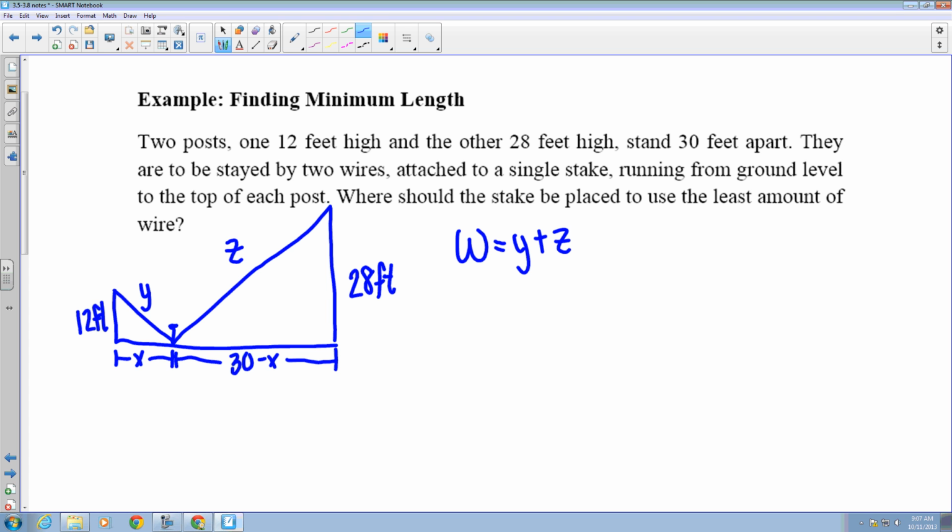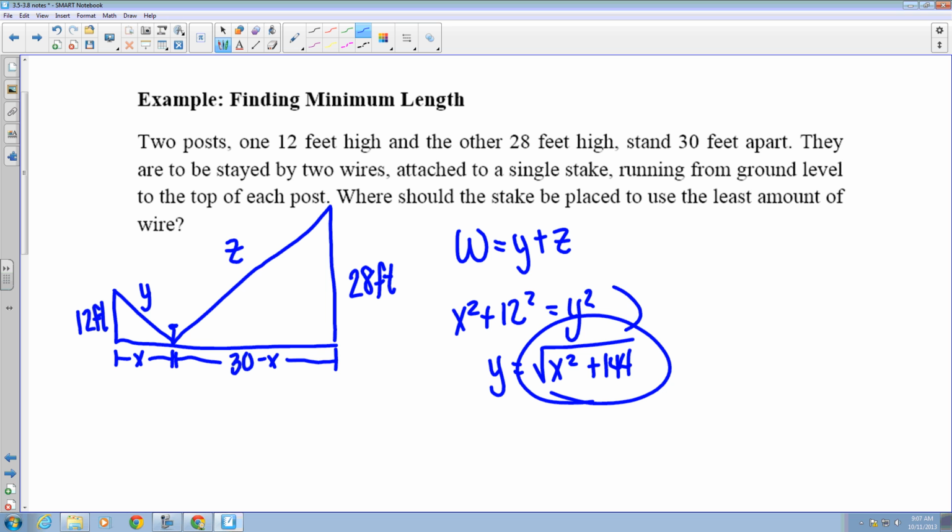Now we have two different triangles, so we actually have two different primary equations. The first one is x squared plus 12 squared equals y squared. I need to solve that for y, so we can plug it into the w. y equals the square root of x squared plus 144. That's going to go in for y.